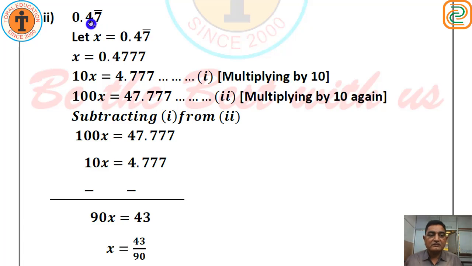Let x equal 0.47 bar, x equals 0.4777, because 7 repeats, right? First I have multiplied by 10 to get the decimal point after 4. 10x equals 4.777. We must remember the digits after the decimal must be the same while subtracting.